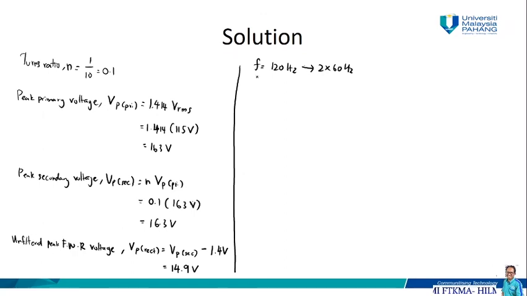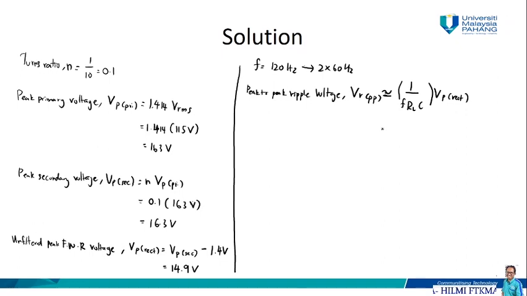The approximate peak to peak ripple voltage at the output, VRPP, is approximately equal to 1 over F RL C times VP rectified.